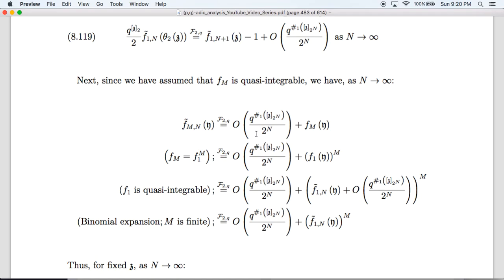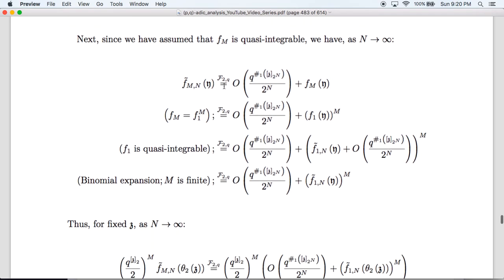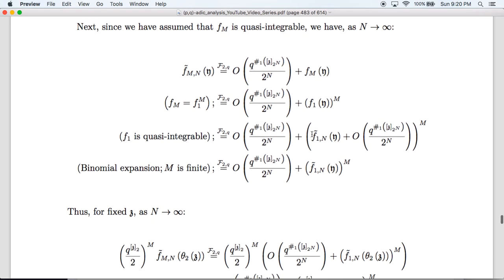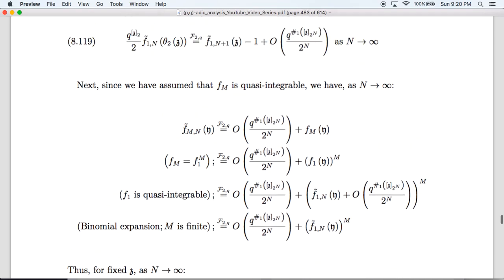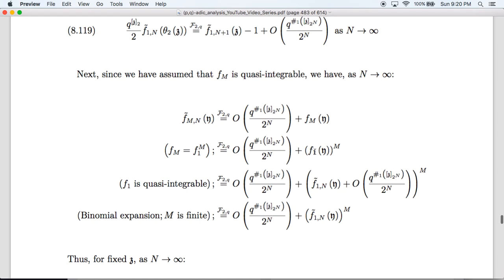Technically, I think that this should be modified. It might not necessarily be this particular asymptotic, but it is a point-wise, frame-wise asymptotic. And so what this is saying is that the nth partial sum of Fm's Fourier series is going to converge frame-wise to Fm. Fm is the same thing as F1.